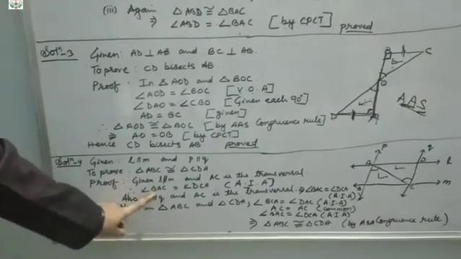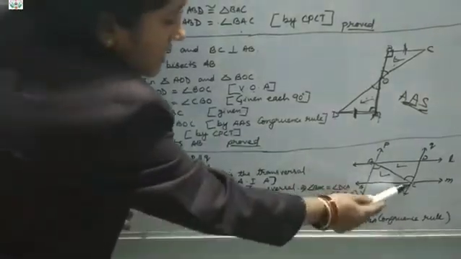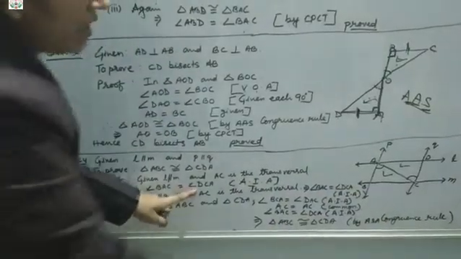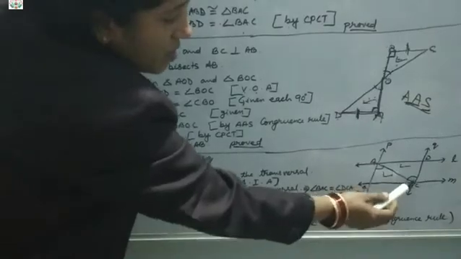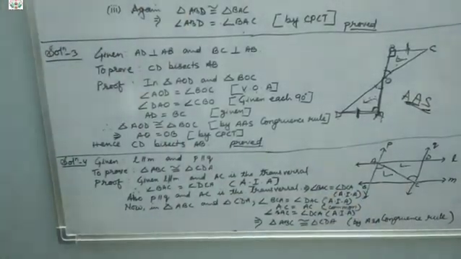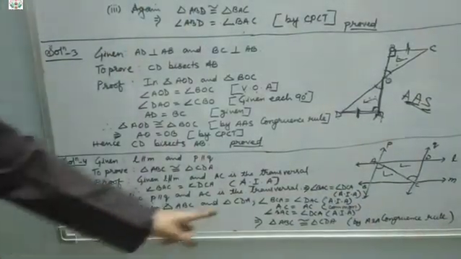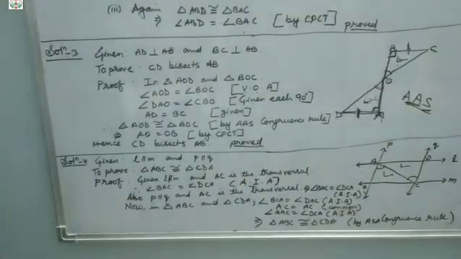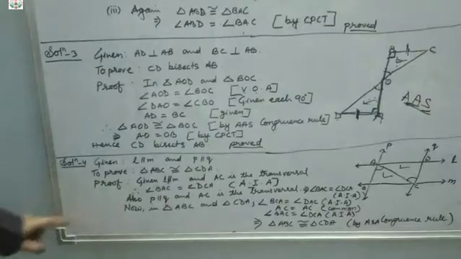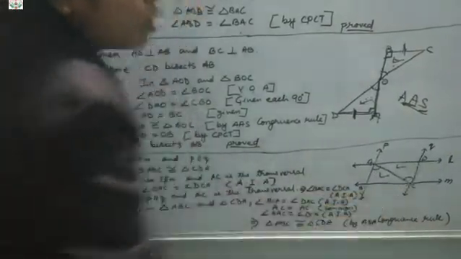Angle BAC is equal to angle DCA. This is equal to this because they are alternate interior angles. Alternate, I for interior, A for angle. Clear?